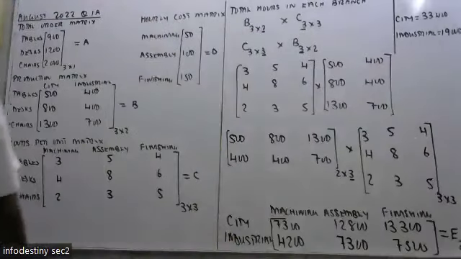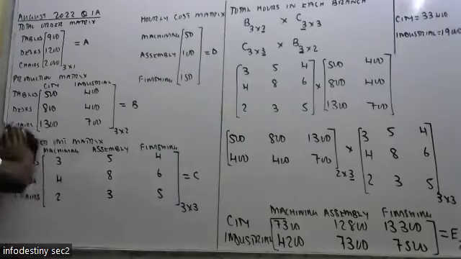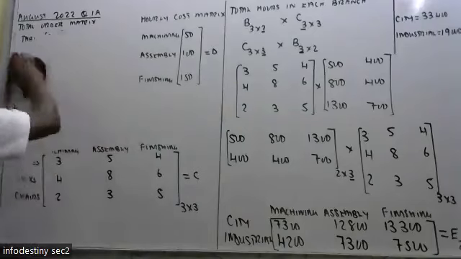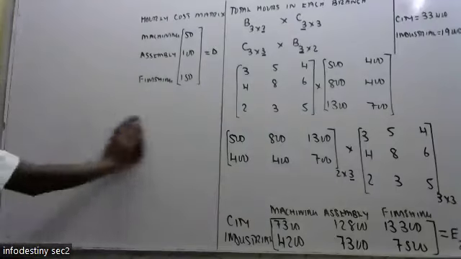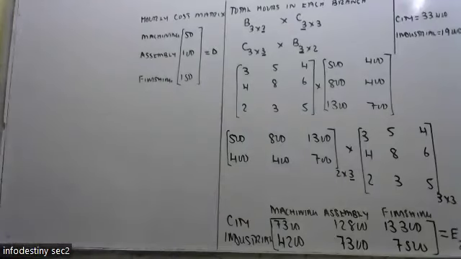So for us to get the total cost, we must multiply the hourly costs by the total cost matrix.